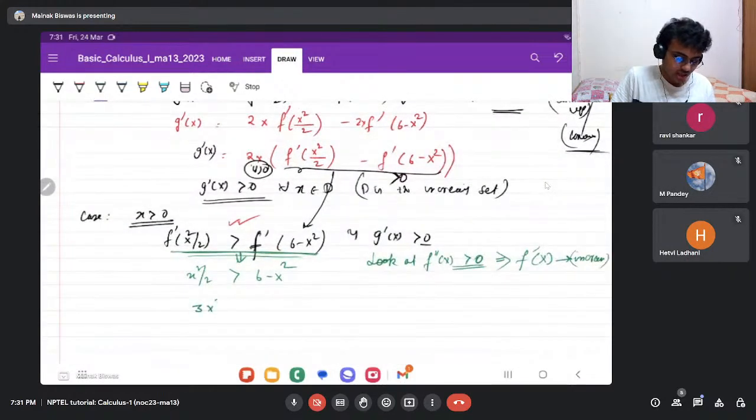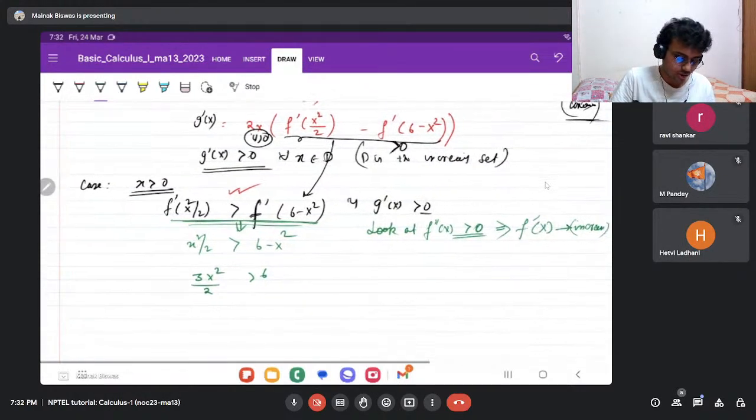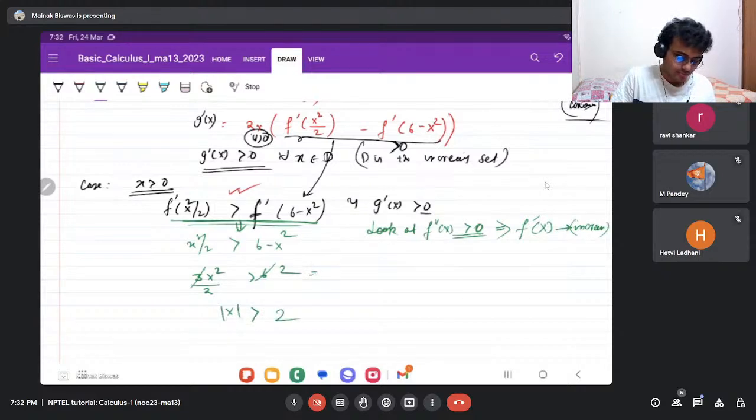So you'll get 3x square by 2 greater than 6. You don't need f. You just need the property of the function that calculus gives you. So x square has to be greater than 4, which means mod x has to be greater than 2. Agreed?